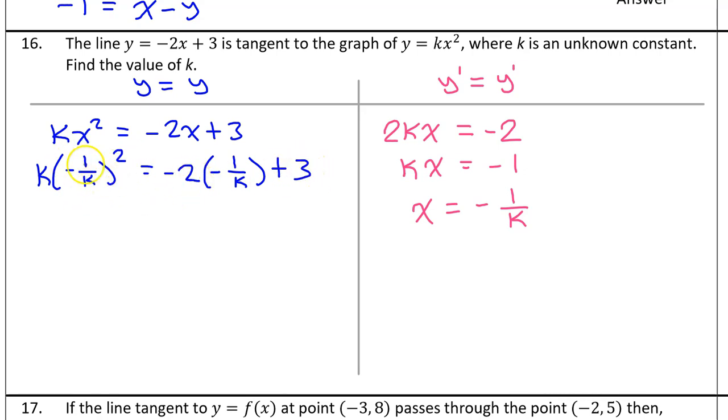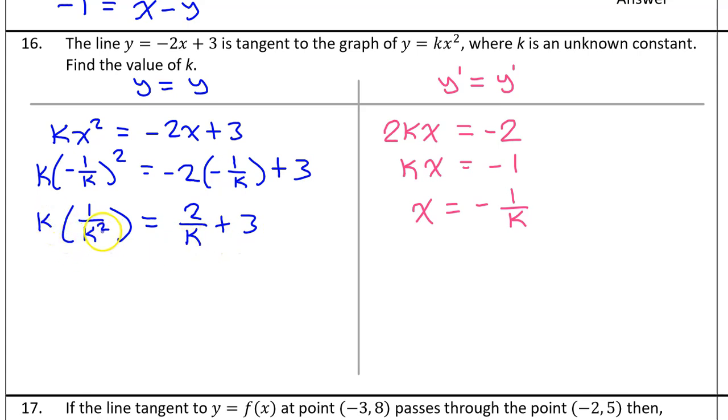So let's go ahead and square this. So we will have k times, the negative is going to go away as we square this. So this will be 1 over k squared. A negative times a negative is a positive. So this will be 2 over k plus 3.